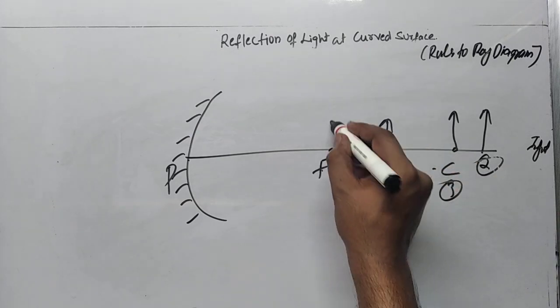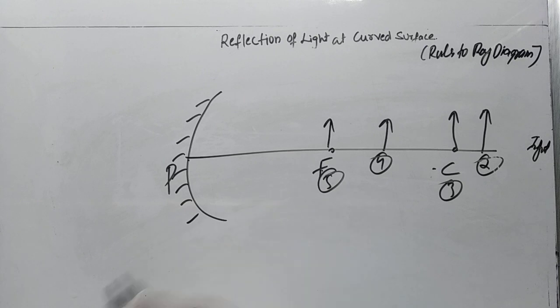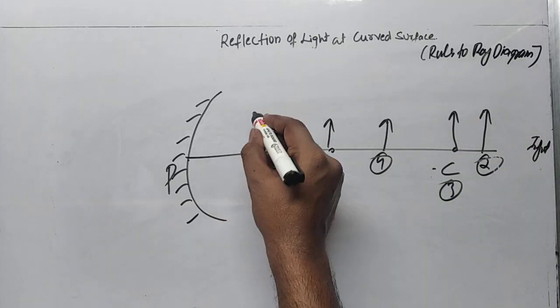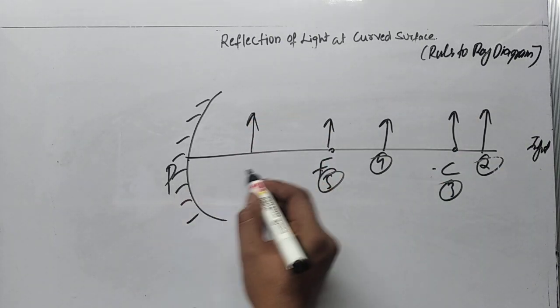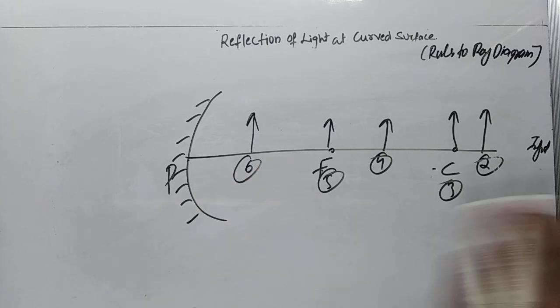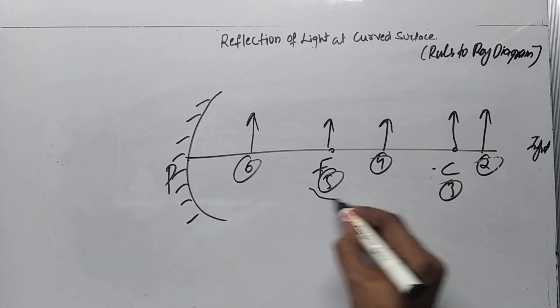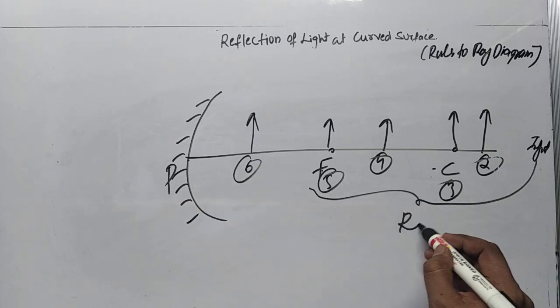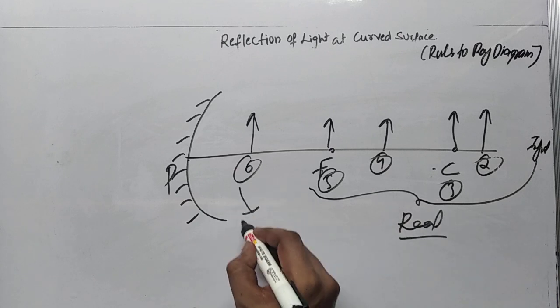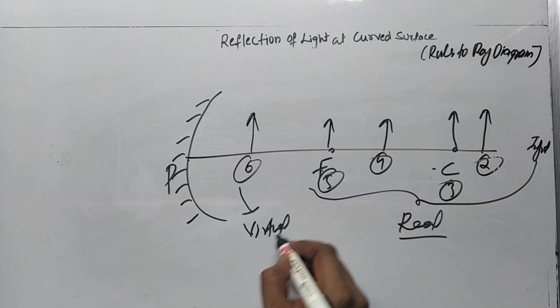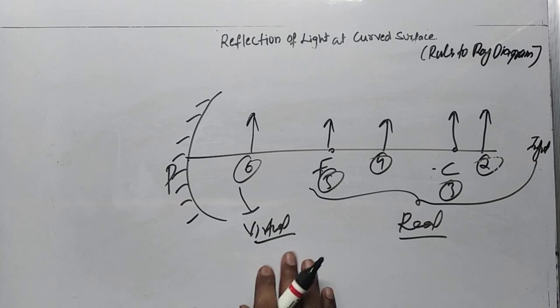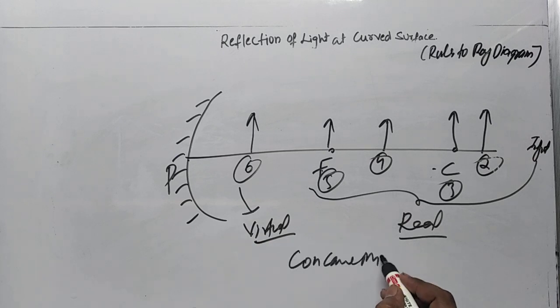Next is whenever the object is placed at focus. Next is when an object is placed between pole and focus. So totally 6 cases. In these 5 cases, the image will be real. In this case, the image will be virtual. Okay, you remember this point. This is very, very important related to the concave mirror.